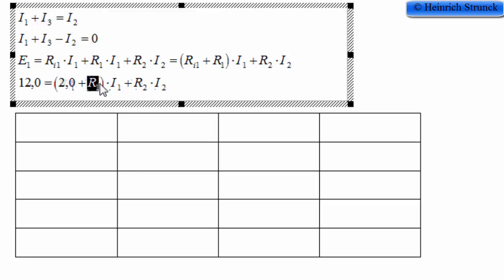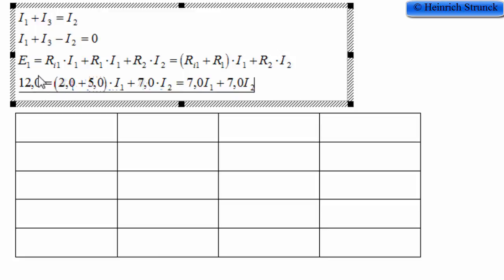R1 is 5 ohm and R2 is 7 ohm. So that gives us 7 I1 plus 7 I2. So we have 12 is equal to 7 I1 plus 7 I2.